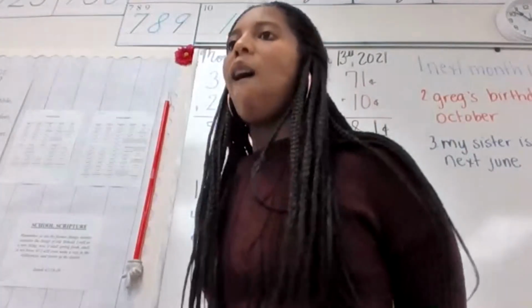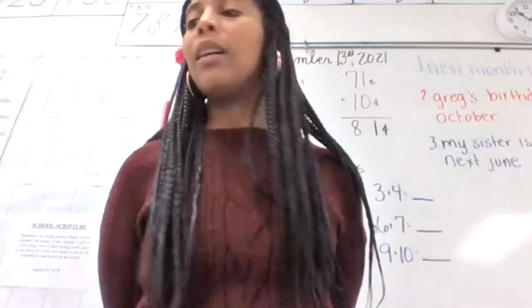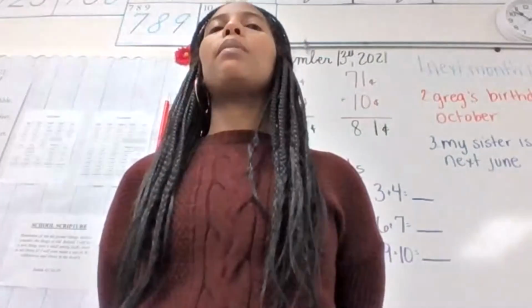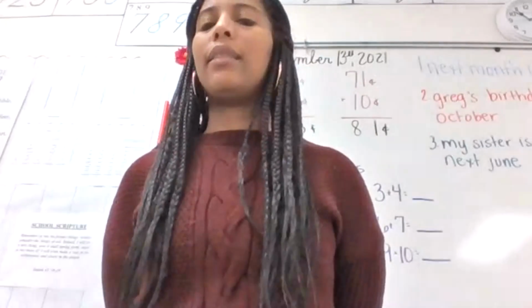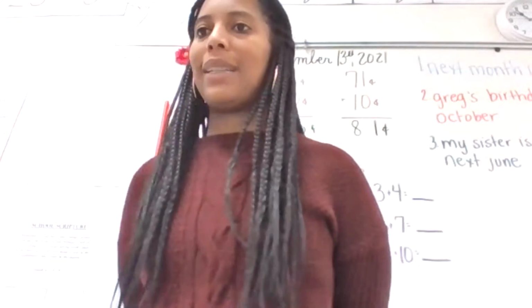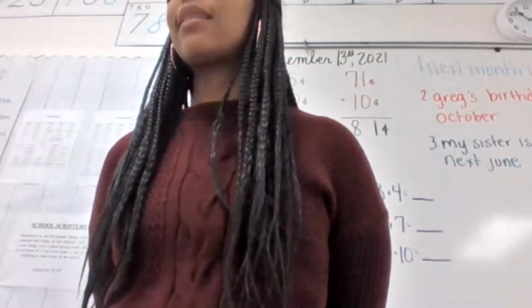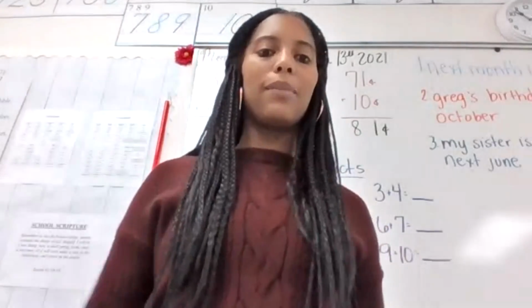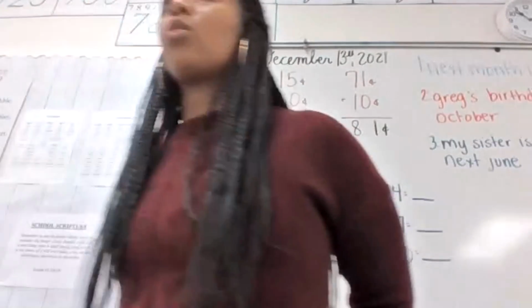5 plus 5 is 10. So then 5 plus 6 will be 11. 3 plus 3 is 6. So then 3 plus 4 will be 7. Doubles plus 1. Next we have 6 plus 6 is 12.